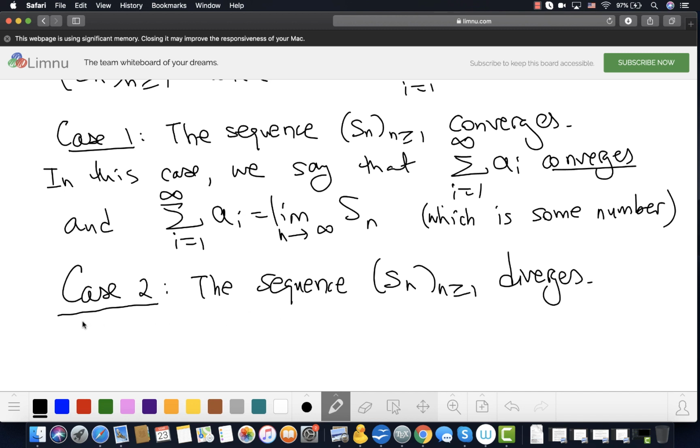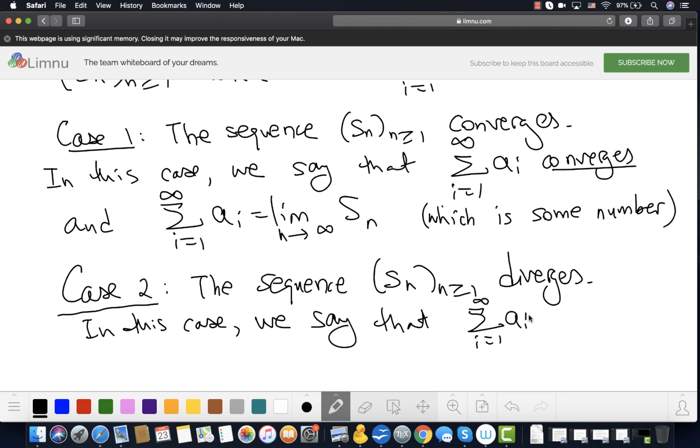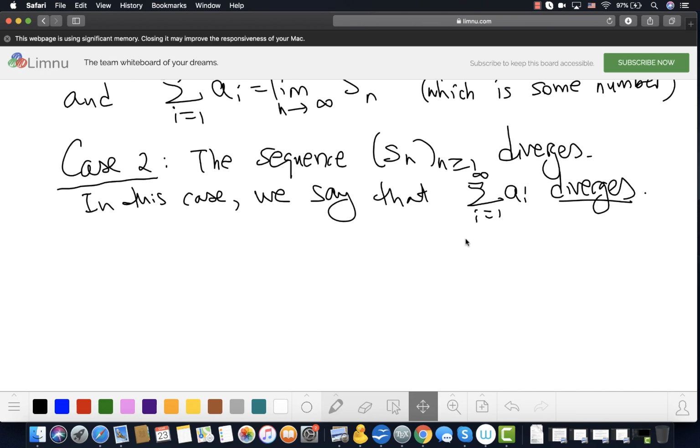In this case, we can't really speak of the limit as n goes to infinity of Sn, this doesn't really make sense. So we simply say that the infinite series, sum i goes from 1 to infinity of a sub i, diverges. Okay. So this is just definition.